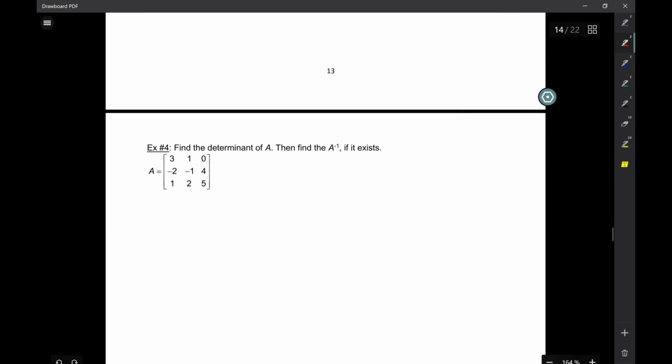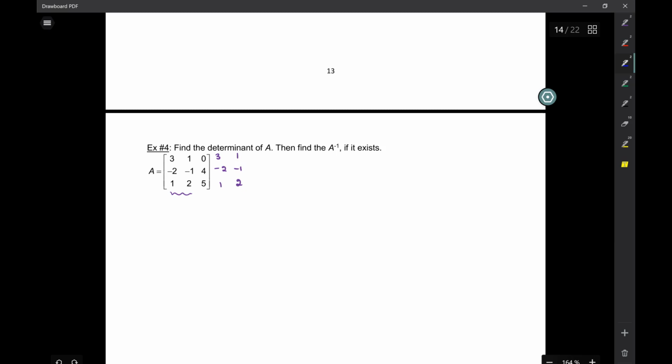Okay, here. All right, so here we're going to reproduce these two and we're going to put them here. Now you make your arrows. You always start with the main diagonal.